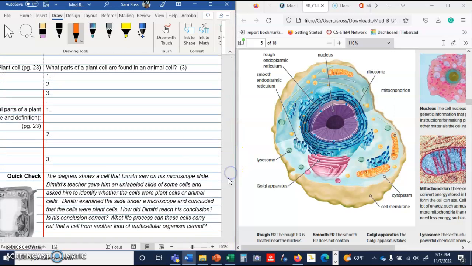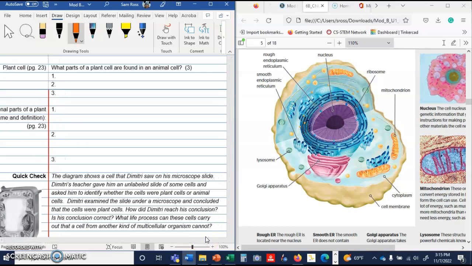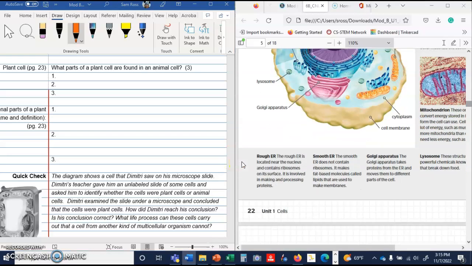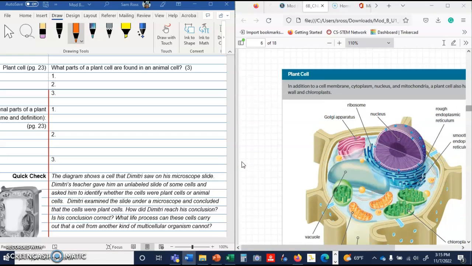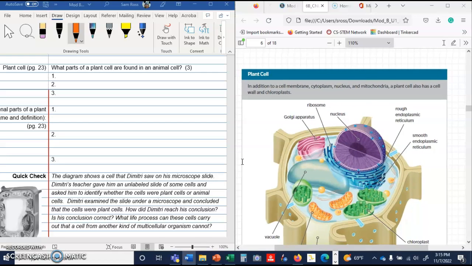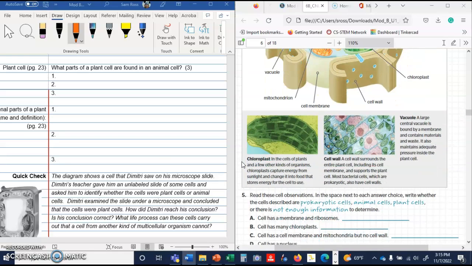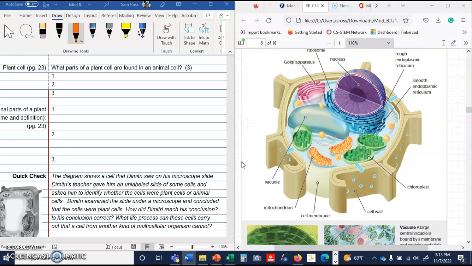So let's keep going. We're on page 23 now. And it says, what parts of a plant cell are found in an animal cell? So let's see. If we look at the very top here, the cell membrane, the cytoplasm, the nucleus, then the mitochondria, I believe, are found.